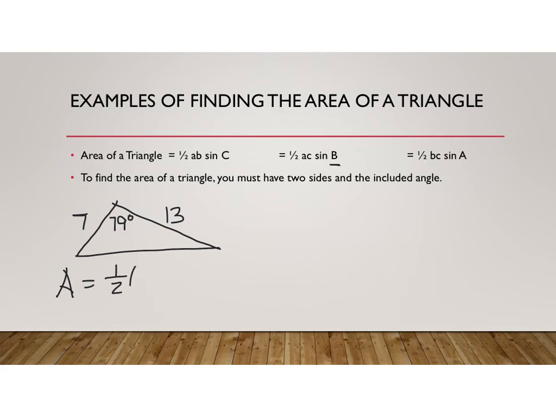The area would simply be 1/2 times 7 times 13 times the sine of 79 degrees. I'm doing this on my calculator. I would get about 44.7, and that would be square units.